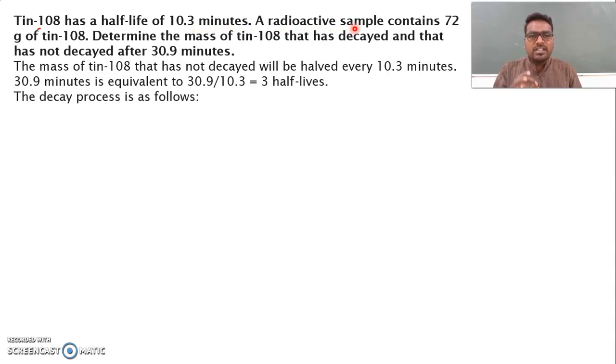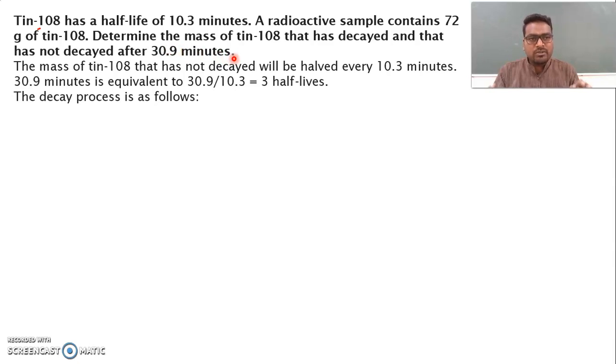A radioactive sample contains 72 gram of tin 108. Tin 108 is the name of an element; its mass number is 108, that's why we call it tin 108. Determine the mass of tin that has decayed and that has not decayed after 30 minutes.